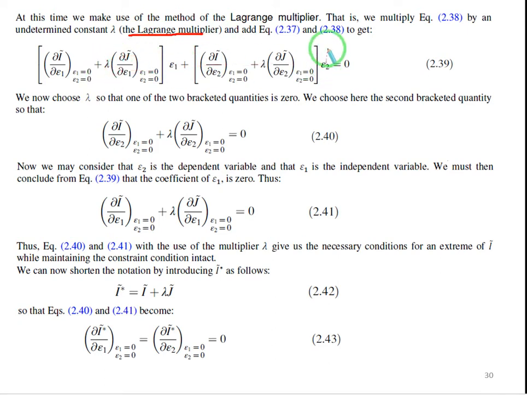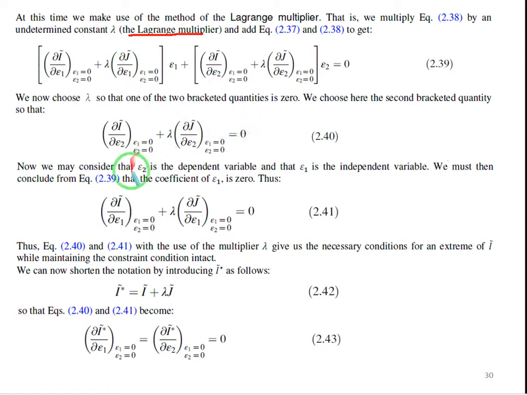And we know that epsilon 2 is a function of epsilon 1 and is changing by the value of epsilon 1. So we can say that the value of epsilon 2 is not necessarily 0, so we can conclude that the coefficient of epsilon 2 must be 0 too.